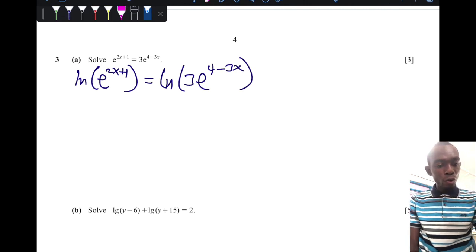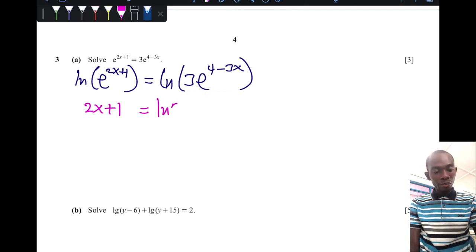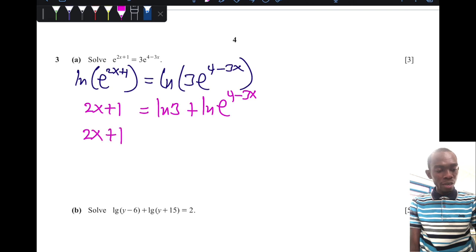Okay, you know the rule already. This becomes 2x plus 1. Now I want you to expand this bracket, apply the laws of logarithm on it. So you have ln 3 plus ln e to the power 4 minus 3x. So you have 2x plus 1 equals ln 3 plus 4 minus 3x.